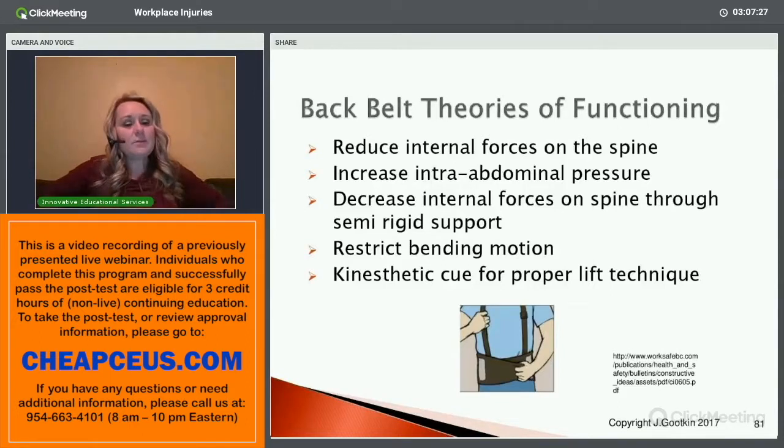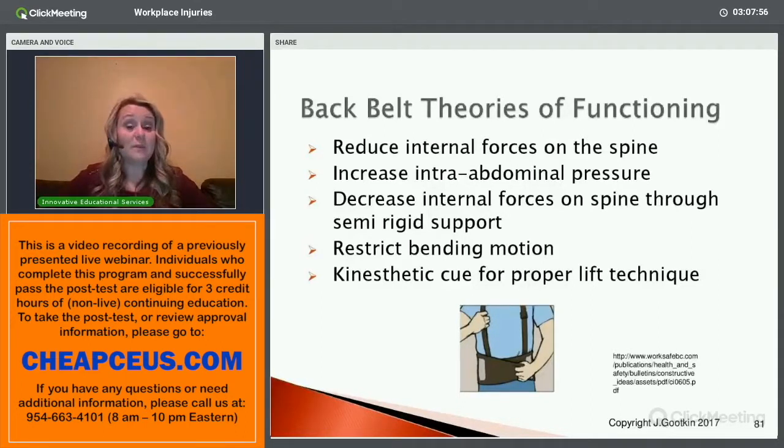The idea was that maybe it applies some compressive force to reduce the internal loading on the spine to help decrease the stress on the back, that you're giving an external support to do some of the work. Other research said that it limits forward bending so that we're decreasing that anterior loading, and the person shouldn't be putting themselves in a position where they'll herniate that disc.